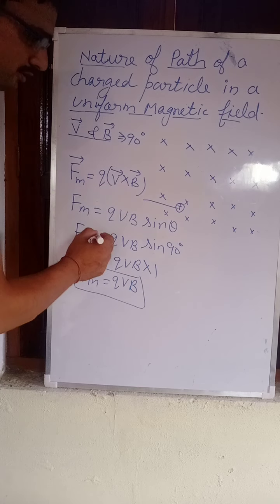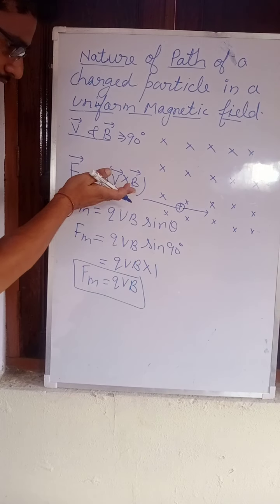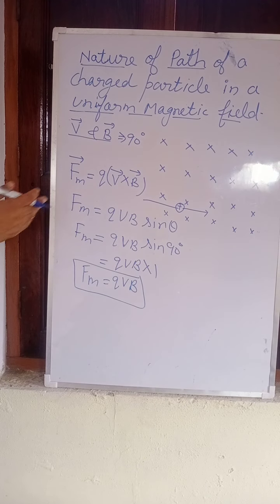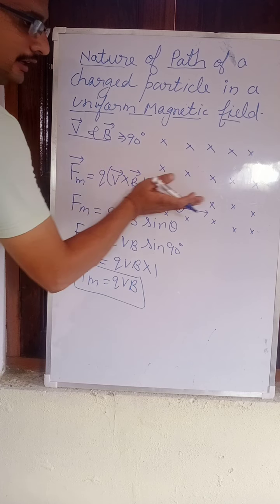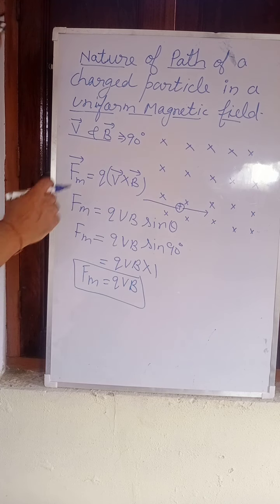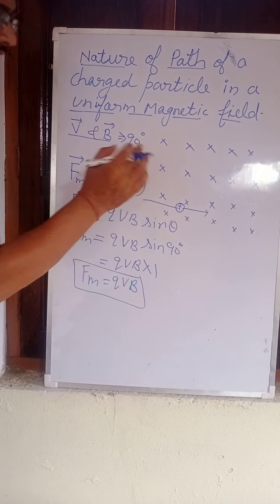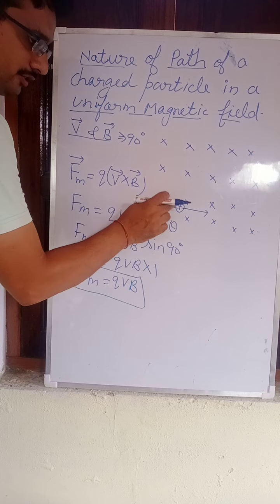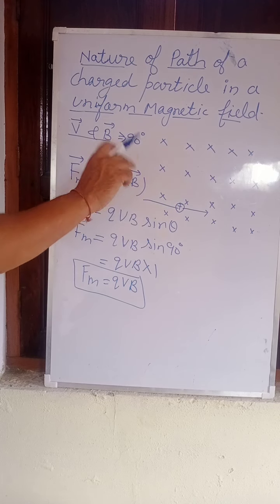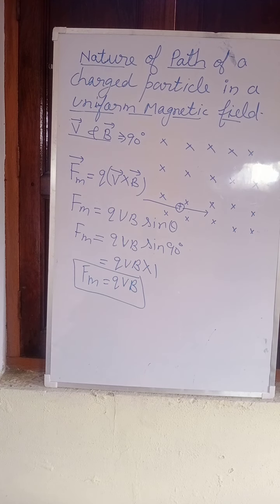If we suppose the charged particle is moving on the plane and the magnetic field is into the plane, then the force applied by the magnetic field on this charged particle will be perpendicular to both velocity and magnetic field.